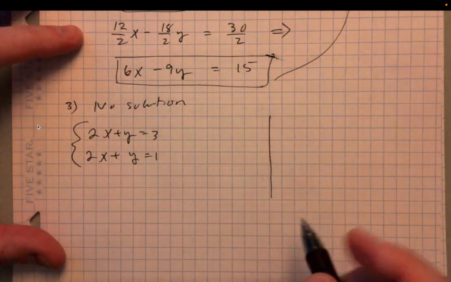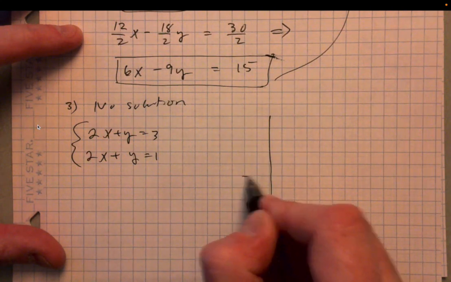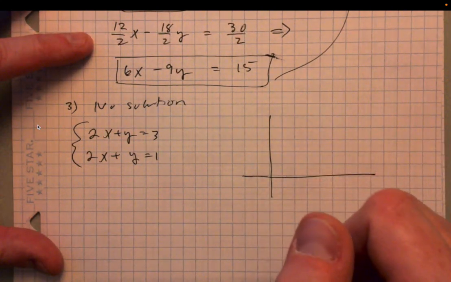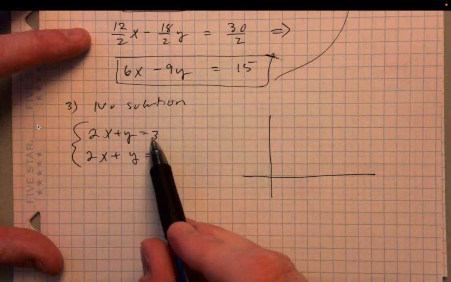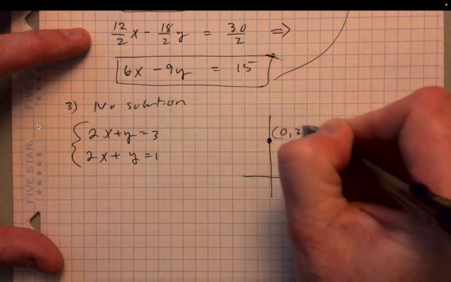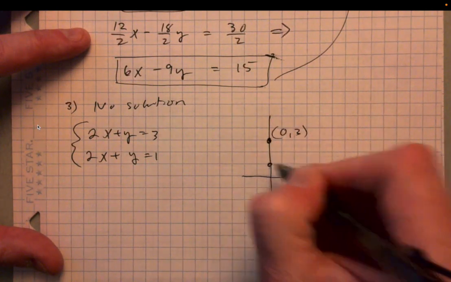Let's see what this would look like. This one goes through (0, 3), and the other one goes through (0, 1).